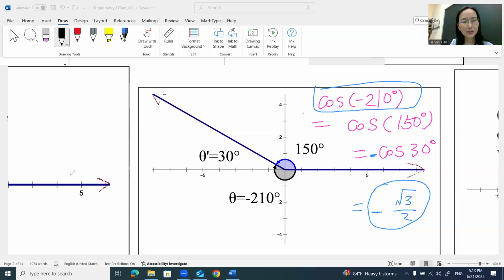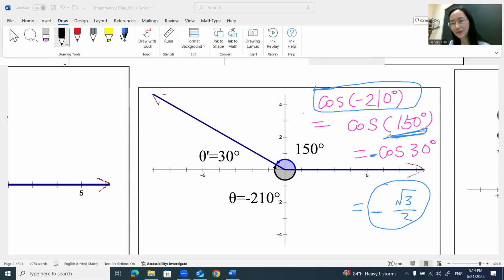So to summarize what we have done for this original problem, the evaluation of a non-acute angle: first of all, we want to determine its location, in which quadrant, by adding or subtracting complete rotations until we find a coterminal angle that is between 0 and 360 degrees.